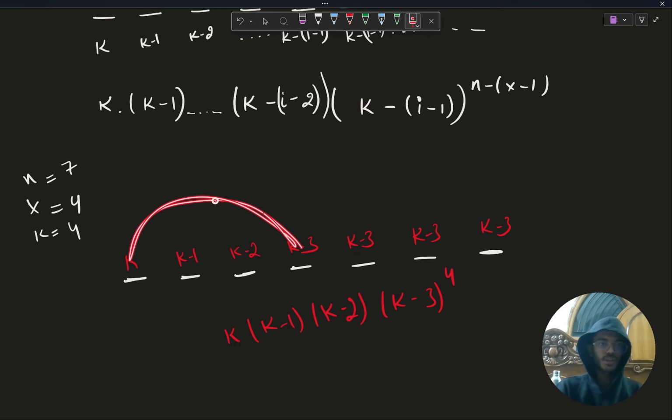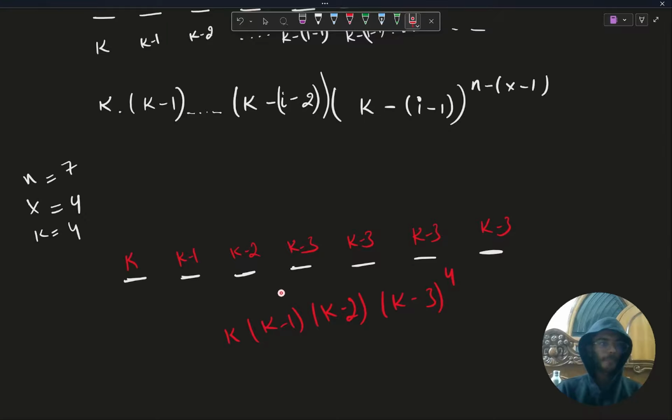These two elements can be equal. So we have k minus 3 options for this, that is not this, not this, not this, but the rest everything can be there. So k minus 3 for this, k minus 3 for this as well, and k minus 3 for this as well. So in total we have k minus 3 raised to the power 4 into k minus 1 into k minus 2. Now checking what we get from this formula.